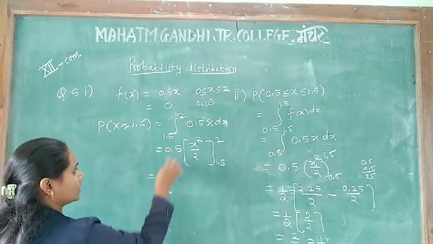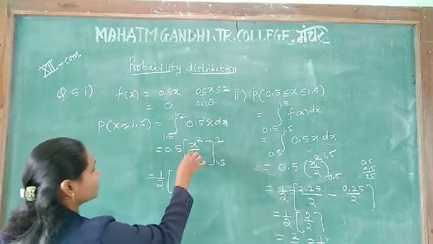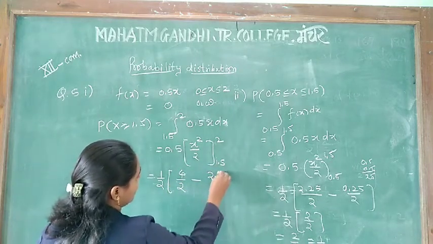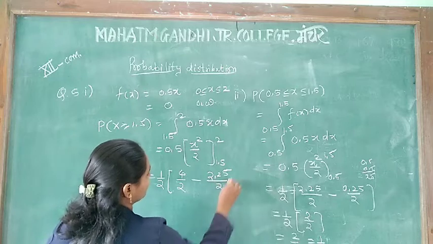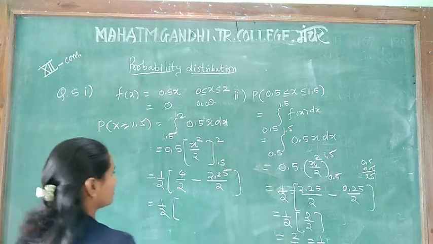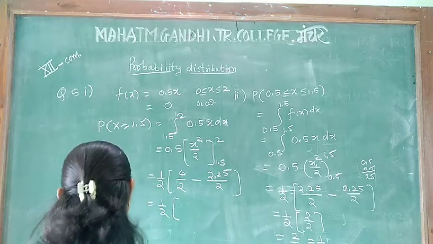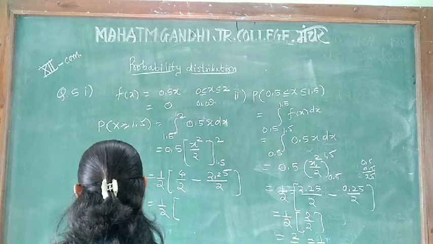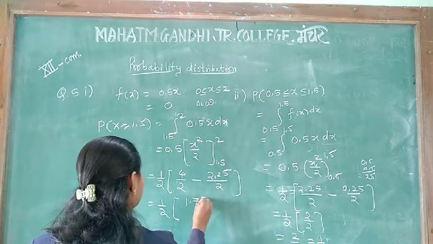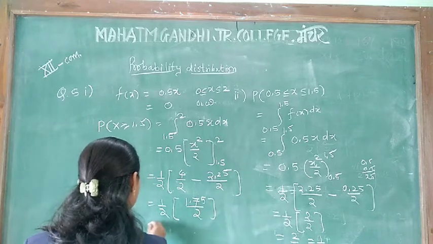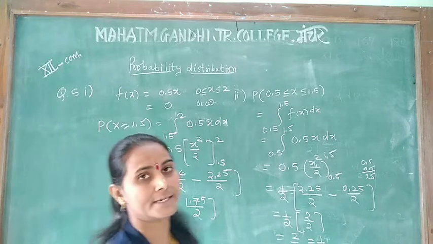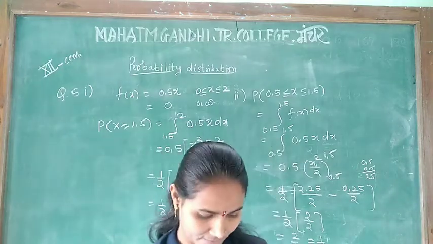Again we take square. 2 square, that is 4 upon 2 minus 1.5 square, that is 2.25 upon 2. 1/2 into 4 minus 2.25, that is 1.75, divided by 2, that means 1.75 upon 4 for probability of x greater than 1.5.